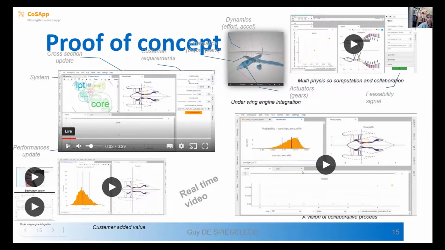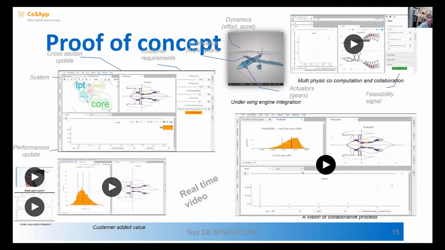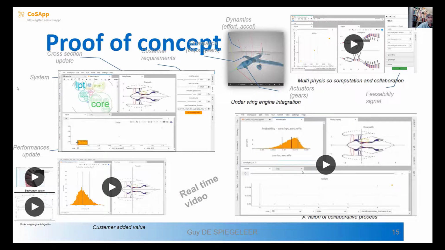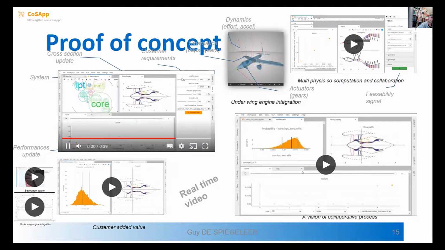So you will see in this video that when you change the value, you will have the modification of the geometry, and here the modification of the performance. We repeat it, so we change it again. So look at here the geometry and the performance. Okay, so in real life, in real time, you've got the impact on the geometry and the performance of the modification of these design parameters.